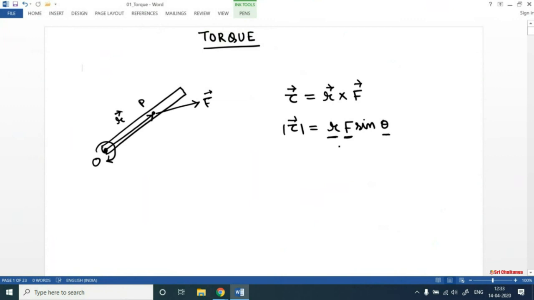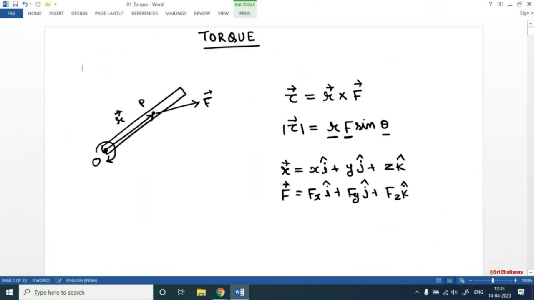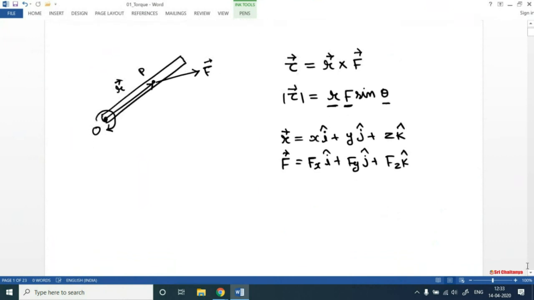Now this expression in vector form can also be written as follows. The position vector in component form is represented as x i cap plus y j cap plus z k cap. And the force vector is represented as Fx i cap plus Fy j cap plus Fz k cap, and here Fx, Fy and Fz are the components of force along x, y and z axis respectively.